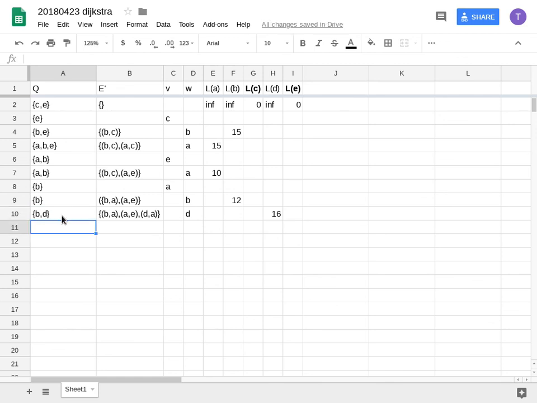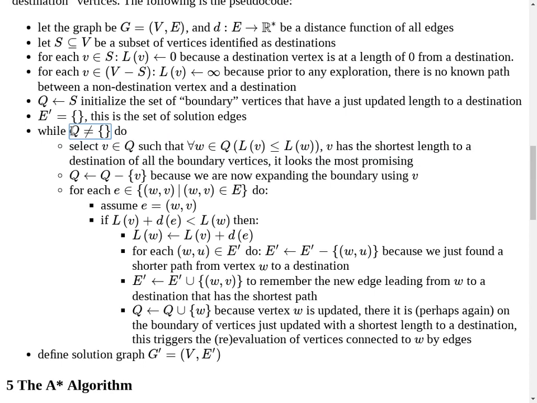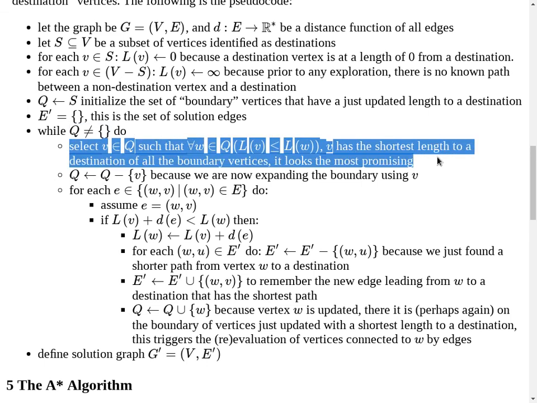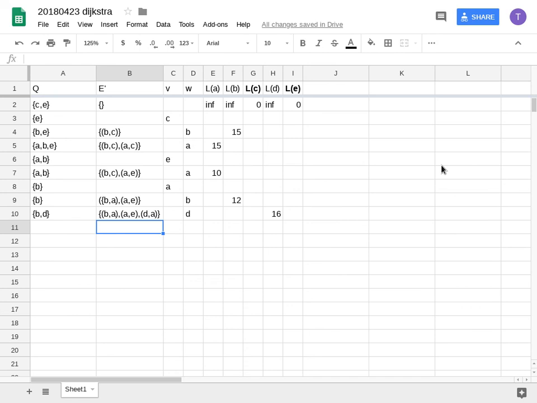Then we go back to the outer loop again. So when we go back to the outer loop, which is all the way back to here, Q is not empty. Q has got two elements. Of the two elements, now we want to find the one that has the least L value. Looking at this trace here, which one has the least value?